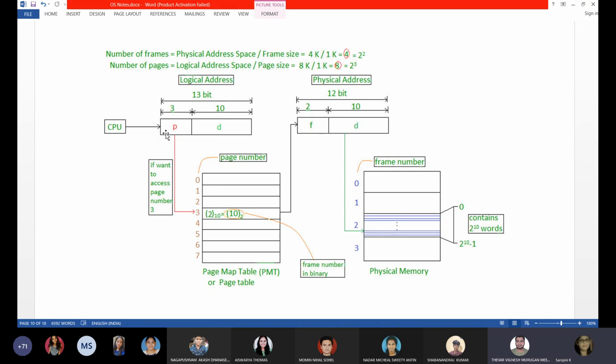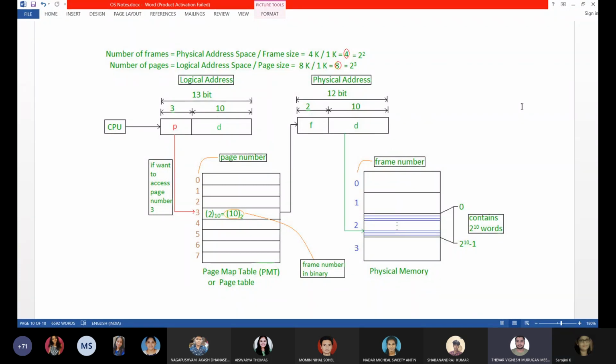So the number of binary digits required to represent the house number depends on what? On the number of houses. Can we represent the house number using 2 bits when more than 4 houses are there? No, it is not possible. Then we have to go to a 3-bit address.